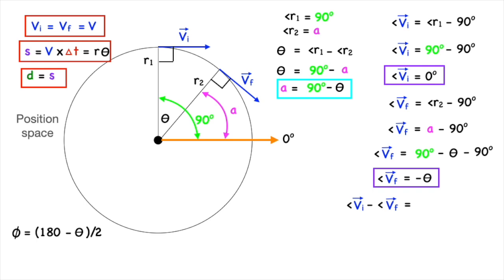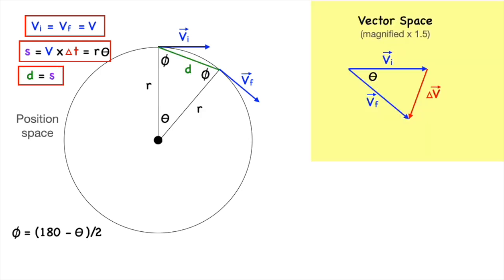Referring to the values in the purple boxes, we see that angle v sub I minus angle v sub f equals 0 degrees minus negative theta, or simply theta. QED. Now let's go back to where we left off.